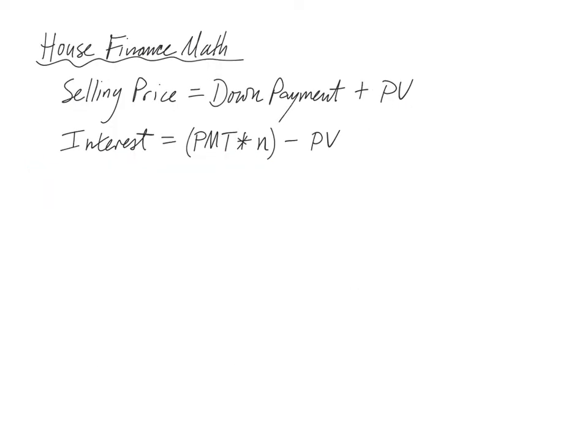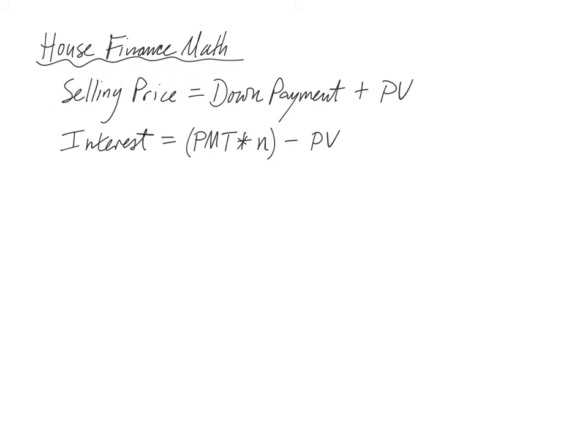A final few words to close out this video about house finance math, or the math behind financing a house. When you decide to buy a house, there will be a selling price, whatever the seller is selling for, and that will consist of a down payment and a present value. So when you add your down payment and your present value together, that'll give you the selling price of the house.